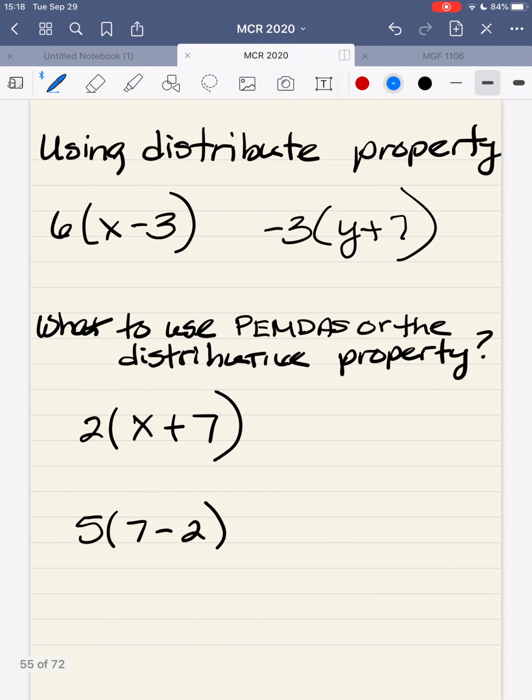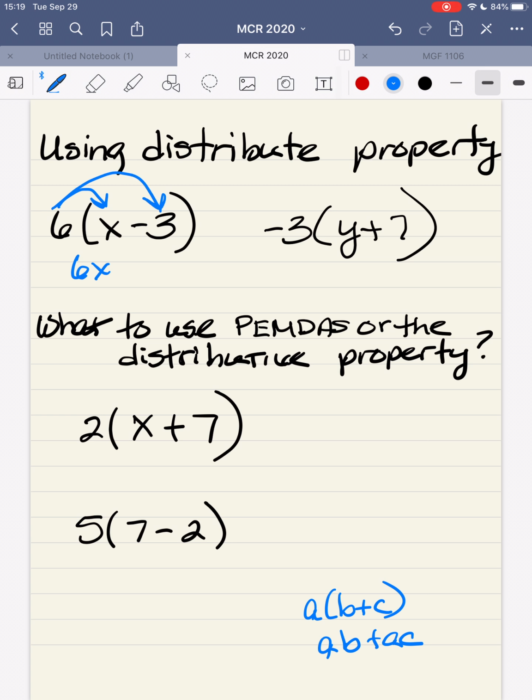All right. So using the distributive property, remember we had the distributive property if I have a times b plus c or minus c, I end up with ab plus ac. So we're going to go ahead and look at that idea. So first thing I want to look at is, do I have anything in parentheses I could combine? No. And I take my 6, multiply it by my x, and get 6x.